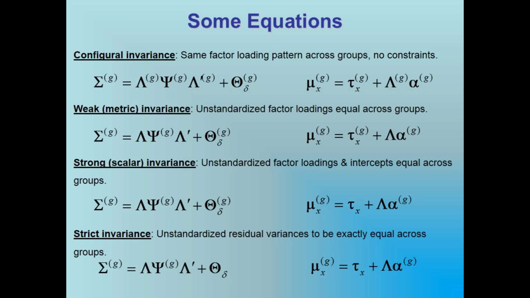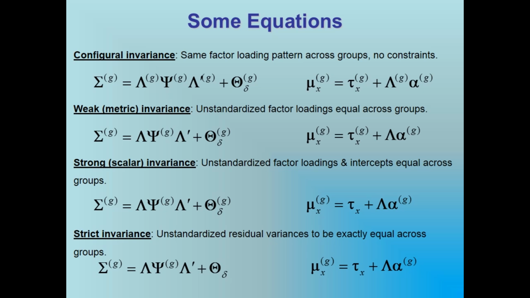And then your strict invariance would have your factor loadings, your intercepts, and error variances fixed to be equal across the groups. Again, in the bottom one, you can see that because there are only G's next to the covariance matrix, the psi matrix, your mu, and your alpha, which is your factor mean, those are freely estimated.